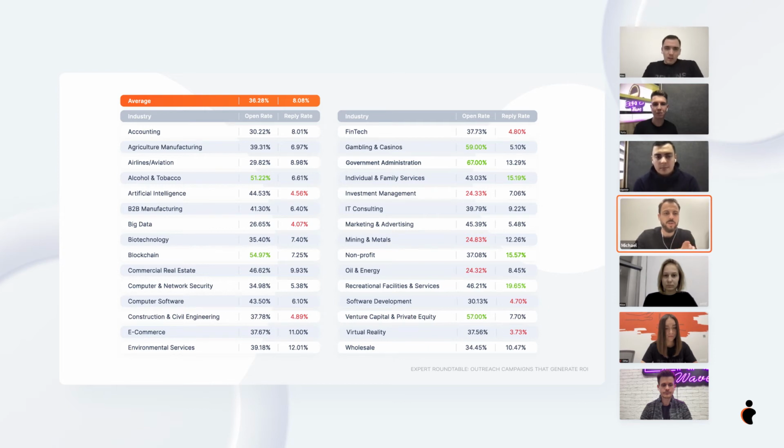Right now, while I still have the team here, I really wanted to talk about these highlighted ones. We highlighted everything above 50% in terms of the open rate as good, above average, because you can see the average across all the industries is 37% for the open rate and 8% for the reply rate.